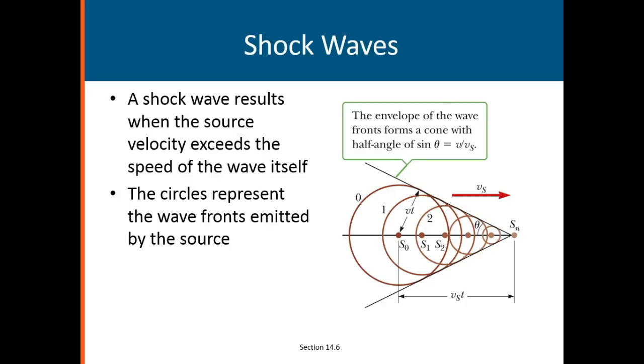The circles here represent the wave fronts emitted from the source. So if this is your source, and here's the wavefront here, that's the S0, and S1 is this wavefront. S2 would be this wavefront. S3 would be this wavefront. Keep on going down. At Sn you get here.